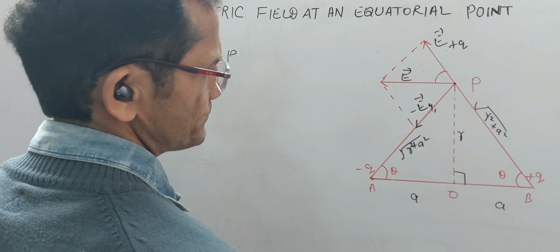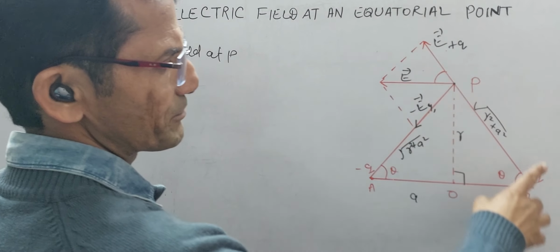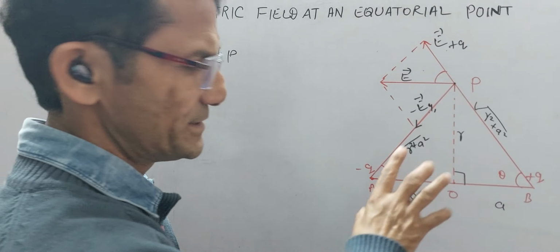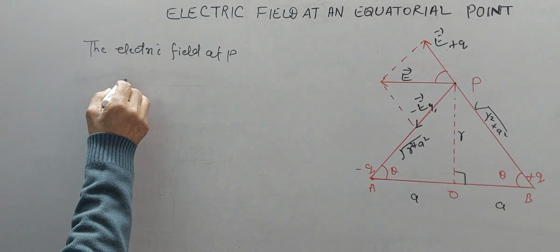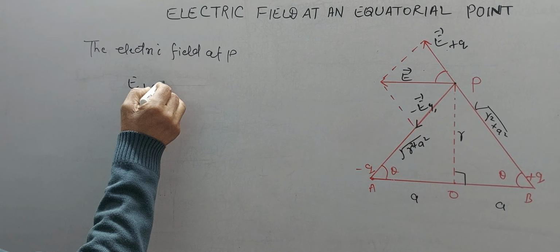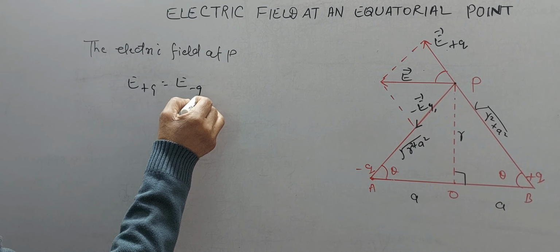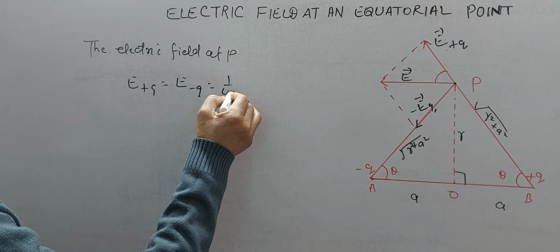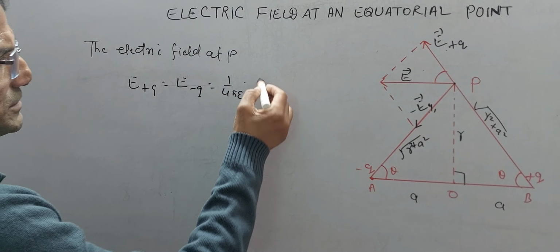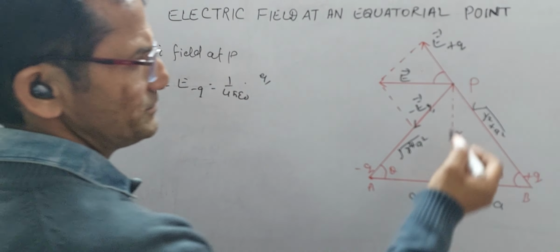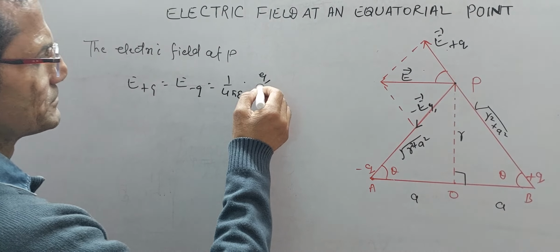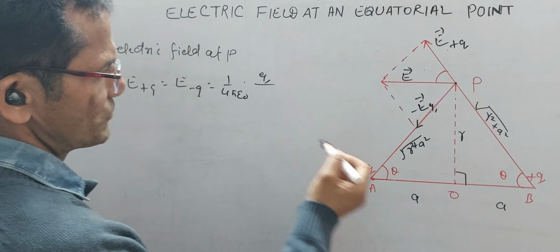Since the electric field at the point P due to plus q and minus q has the same value, that value will be one upon 4π epsilon naught, charge upon its square, charge upon this square also.